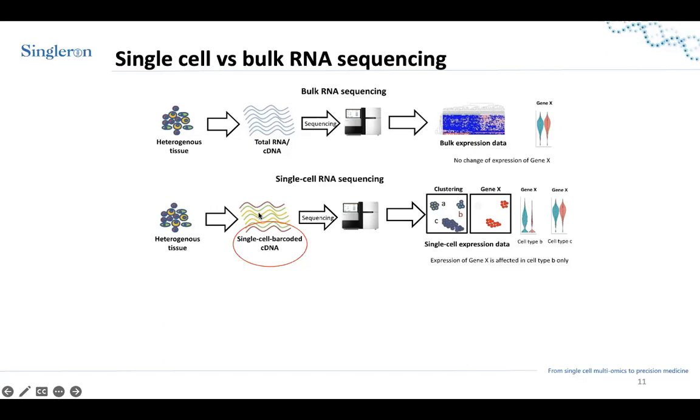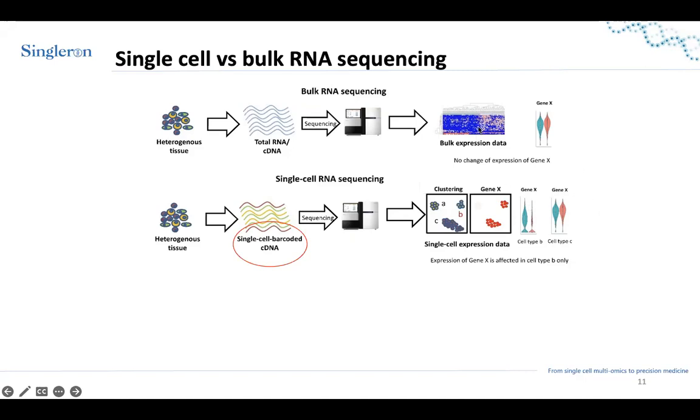So the red ones come from the red cell, the yellow one from the yellow cell, while in the bulk technology, you don't have any track to the original cells because everything is mixed. Here you have included a barcode in the RNA or the cDNA, and with the help of this barcode, you can know from which cell it came from. Then you do the sequencing, and again you get a fastq file that you pre-process to get right now a real count matrix, and from this count matrix you do some other analysis to get the final data.